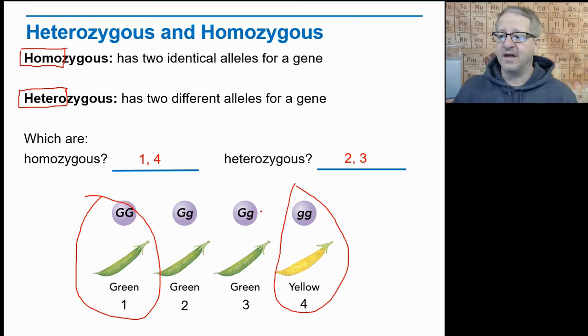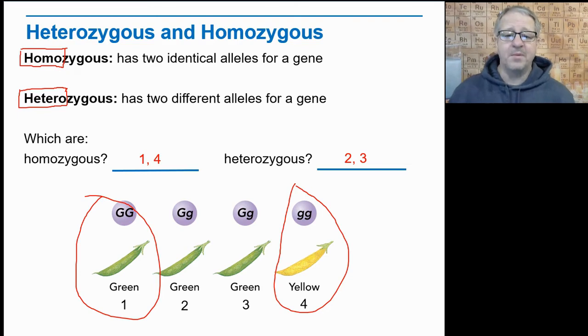In the case of offspring 1, we've got two dominant alleles. In the case of offspring 4, we have two recessive alleles. Now, the two offspring that are heterozygous are 2 and 3, obviously, because they have one of each. They have a dominant allele and a recessive allele.